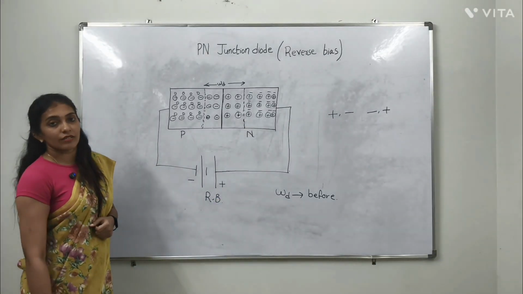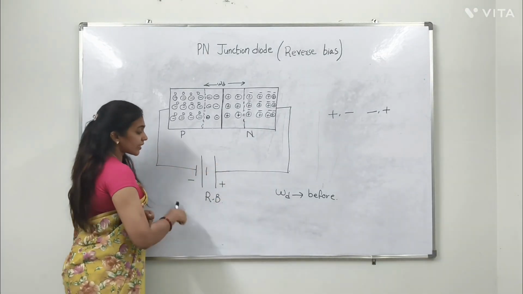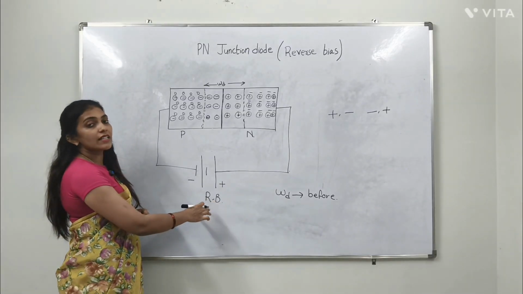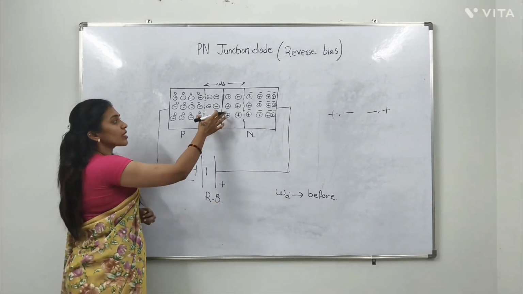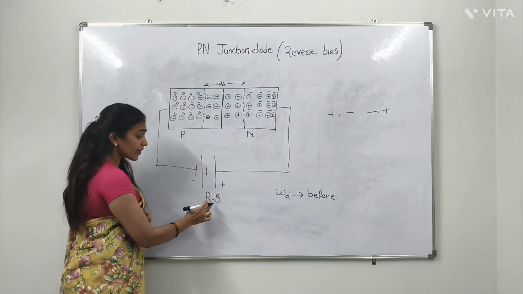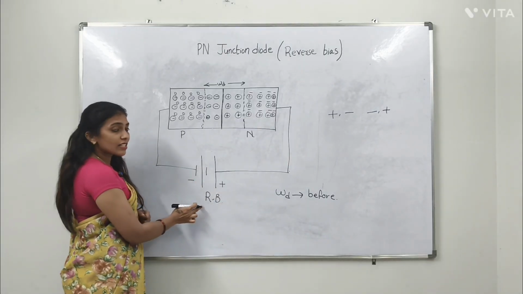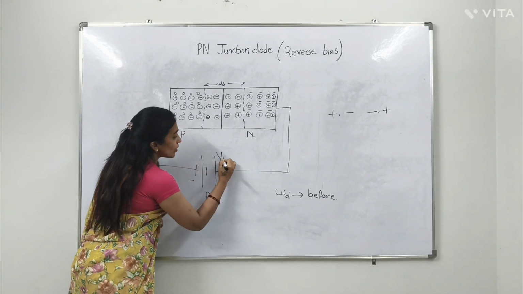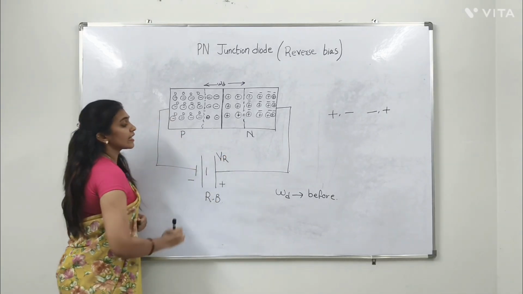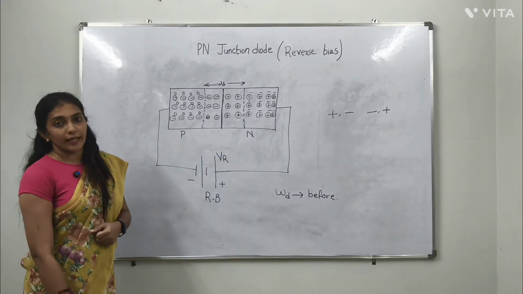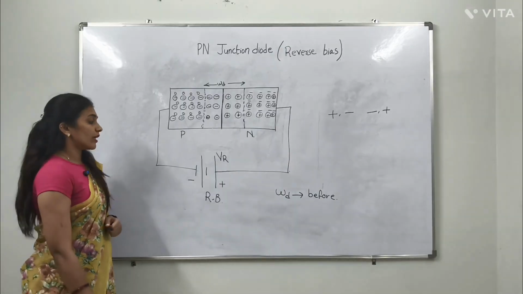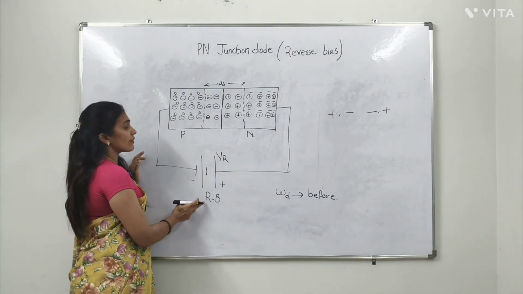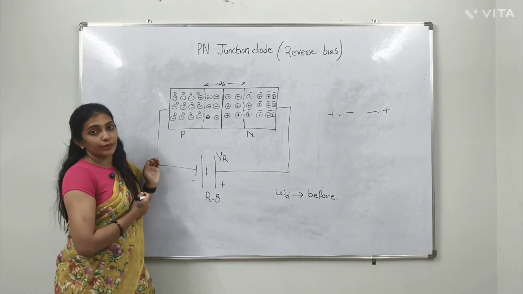Giving a battery means giving an external voltage to this diode. So here we are giving a reverse voltage to this diode, right? This external voltage is indicated as the reverse voltage. Then what happens when reverse biasing is given to a PN junction diode?